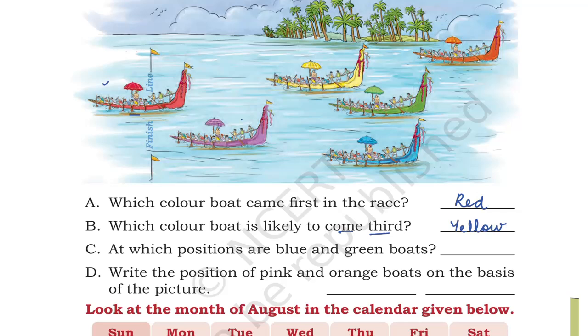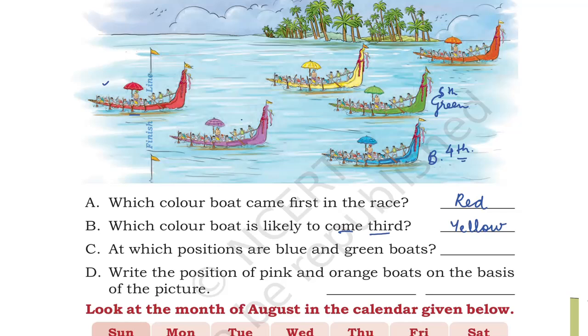At which positions are blue and green boats? Oh, we have to see blue and green boats. So this is the blue boat and this is the green boat. Now it appears to me that this is at the fourth position and this green boat is at the fifth position. Let me know if you think otherwise.